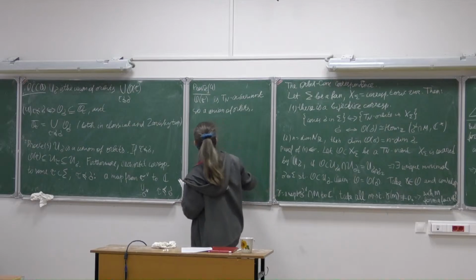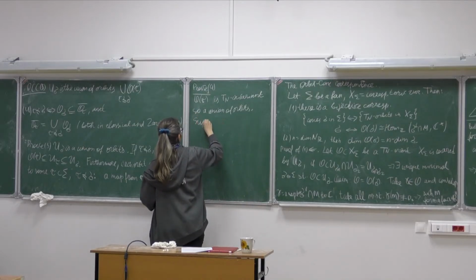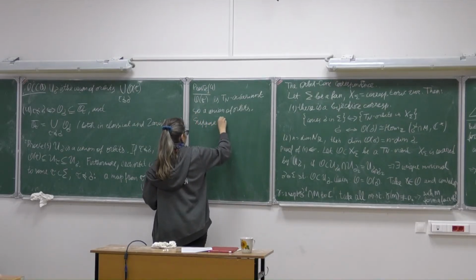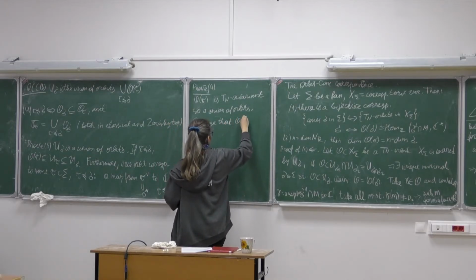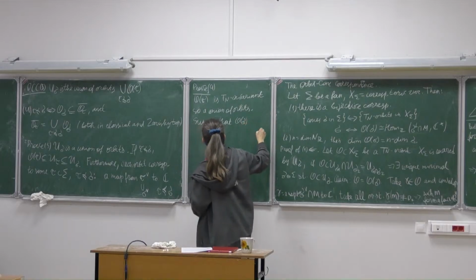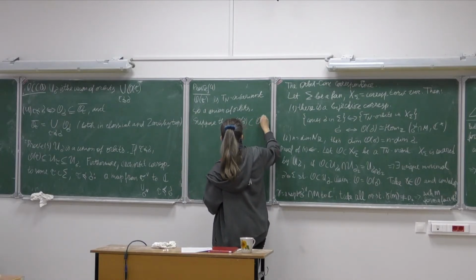Let us suppose that some orbit O sigma forms part of O tau bar.